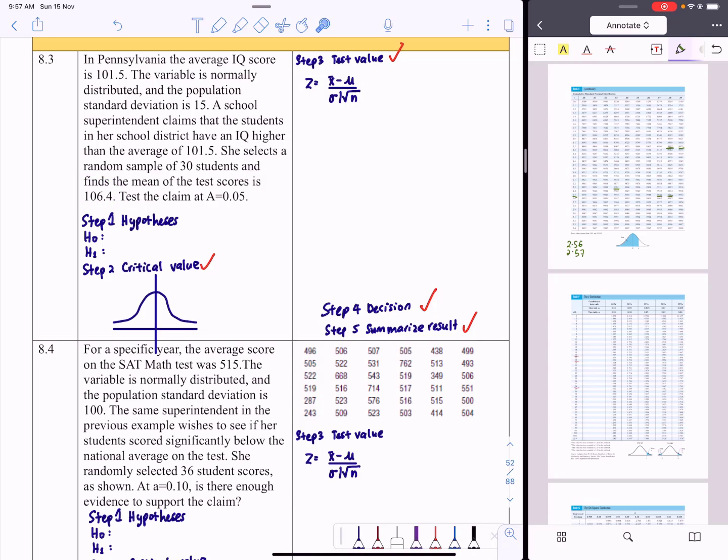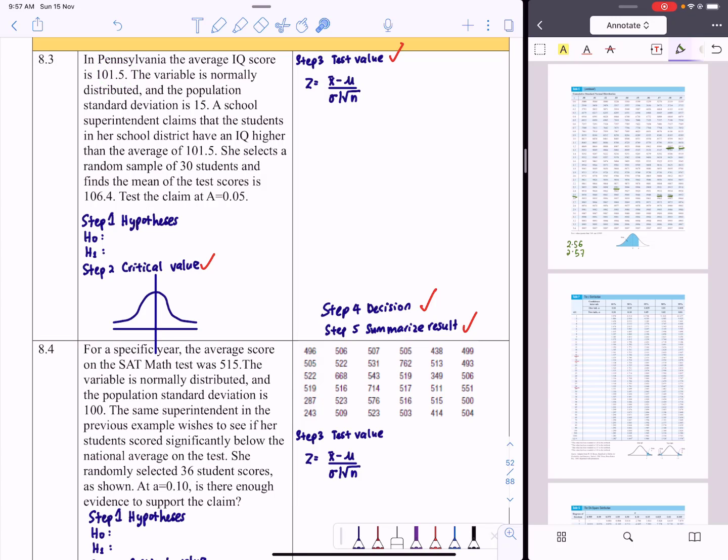Roughly, kalau kita tengok roughly, memanglah test score for the 30 student is higher, 106. But we need to confirm it with the statistical analysis, whether it prove that this 106 is higher from the 101.5 or not.